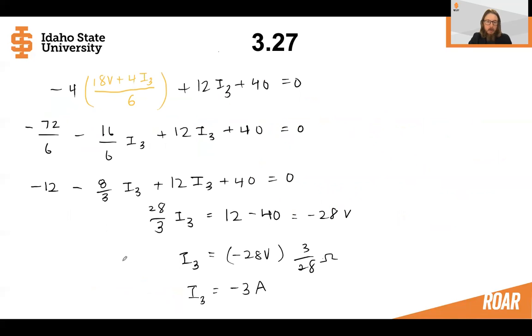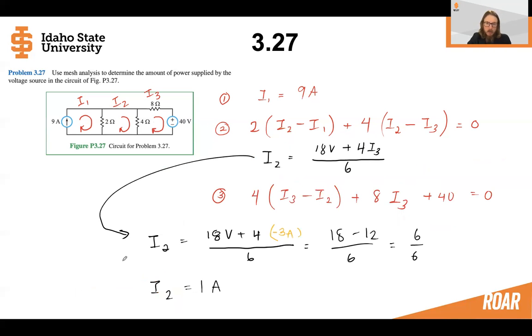So I3 is minus 3 amps. It turns out we drew the arrow in the wrong direction, but that's okay. Now we know what I3 is.